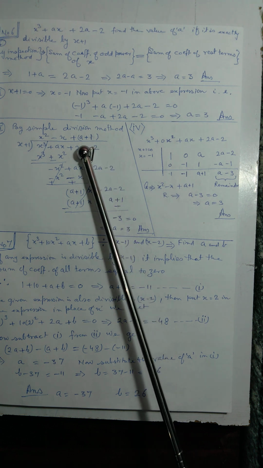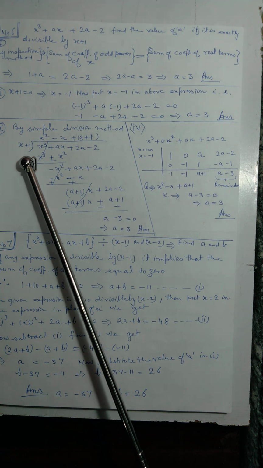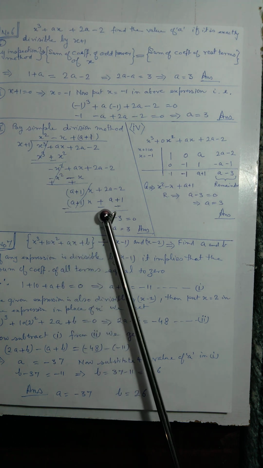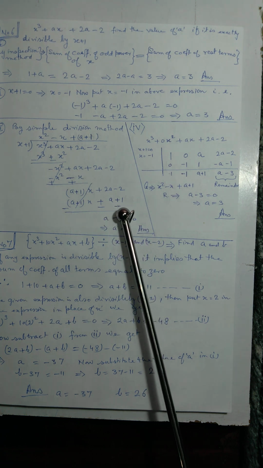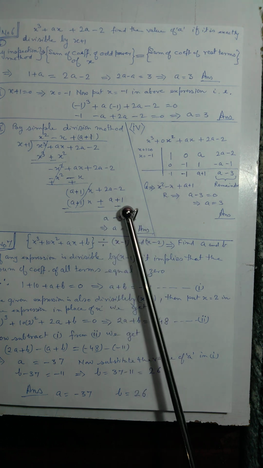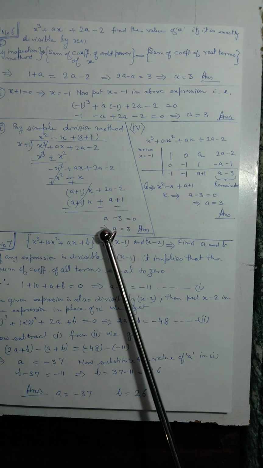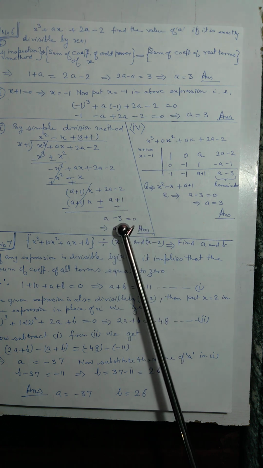Now taking the quotient as a plus 1, again here multiply a plus 1 to x plus 1, you will get a plus 1 x plus a plus 1. Now change the sign. Once you change the sign, you will get 2a minus a, that will be a, and minus 2 and minus 1, that will be minus 3.